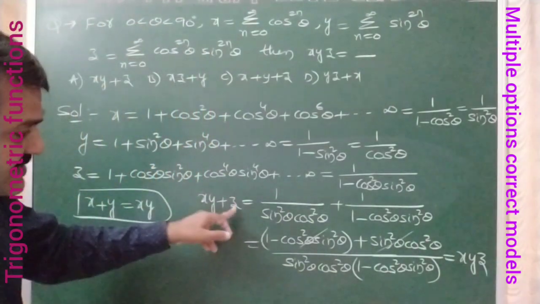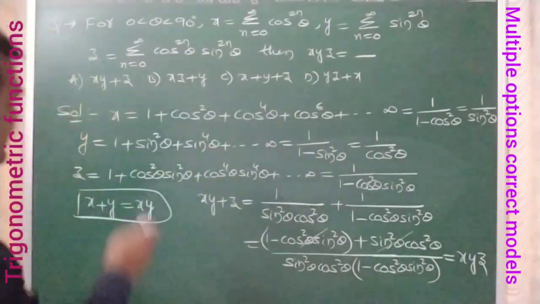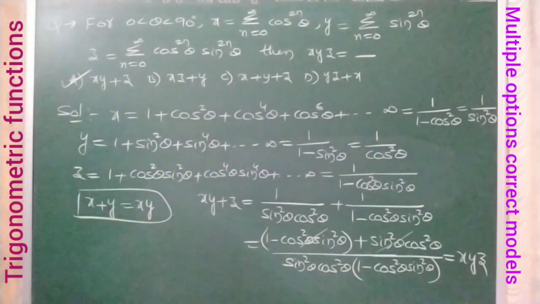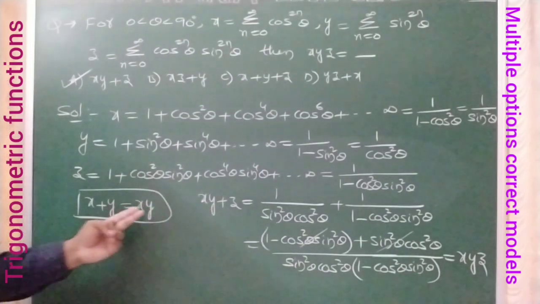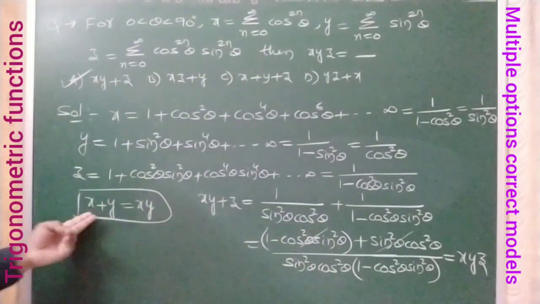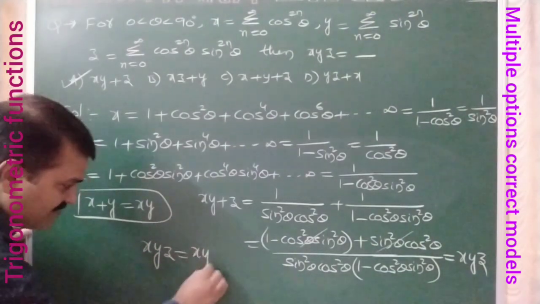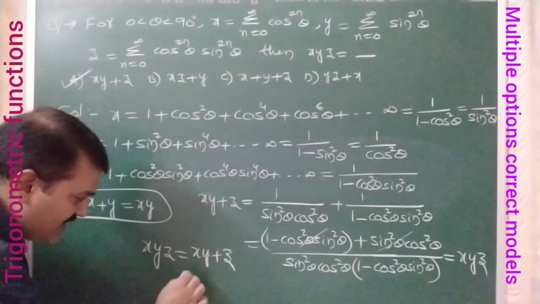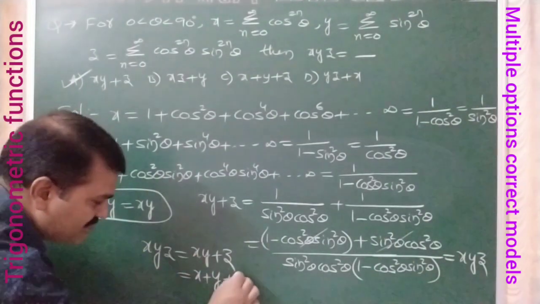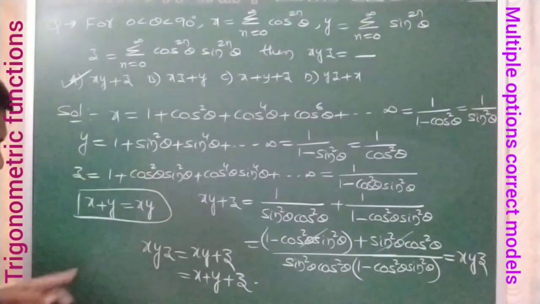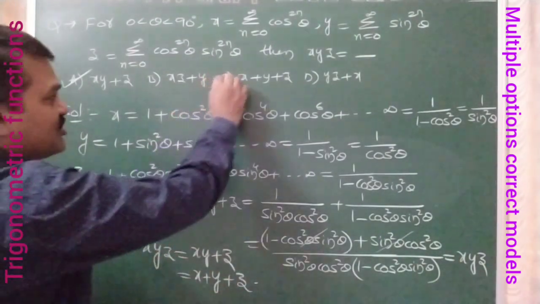So xy plus z is equal to xyz, which is correct. And we already proved that xy is the same as x plus y. So xyz is equal to x plus y plus z. This is also correct.